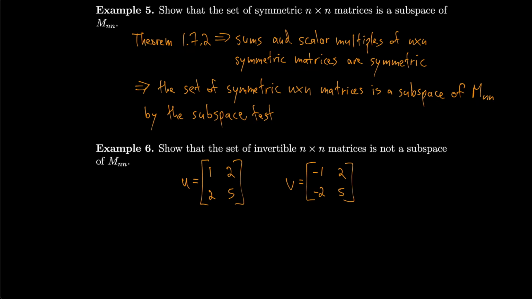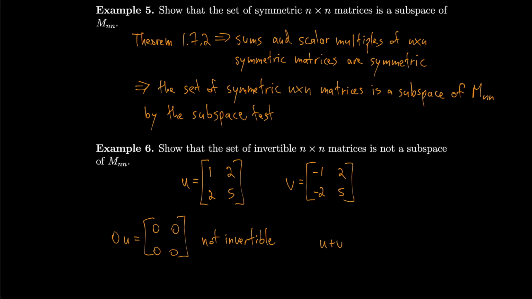And notice if I take 0 times u, then that's the zero matrix, and its determinant is 0, so it is not invertible. Since it's not invertible, it's not in this subset, so that means that the subset doesn't have a 0 vector.